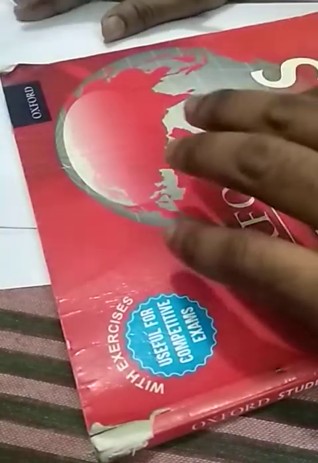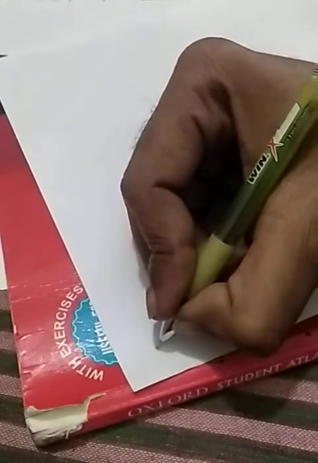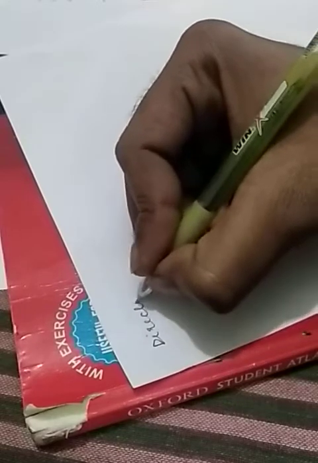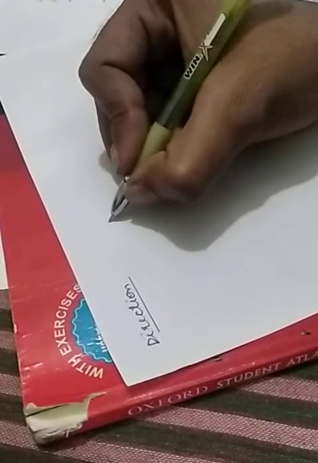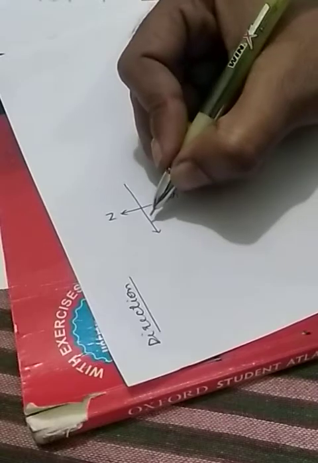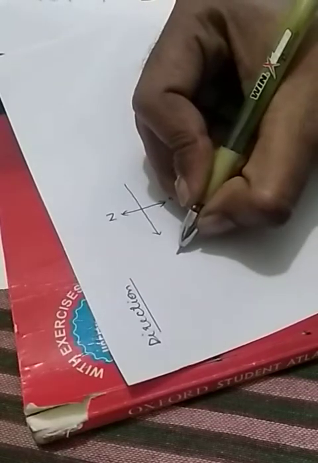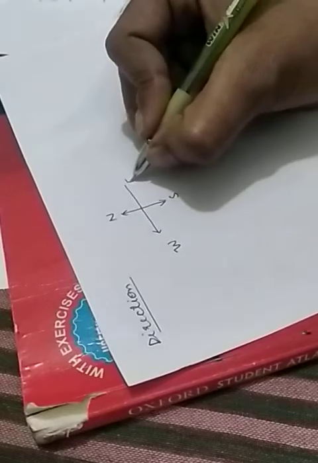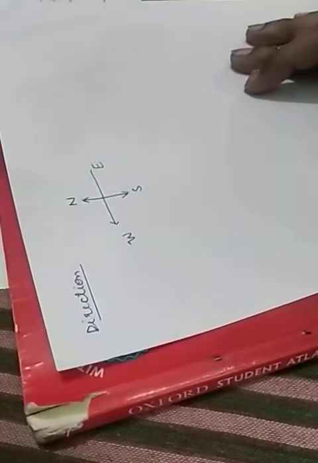Now the second component is direction. The map always shows its north direction on the top, the south direction at the bottom, towards the left hand side it's the west direction, and towards the right hand side it is the east direction.